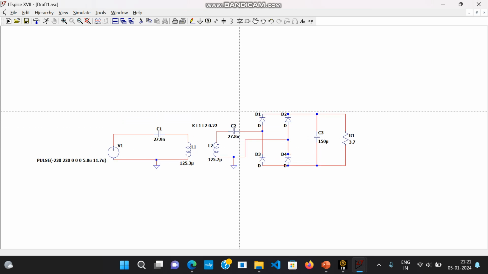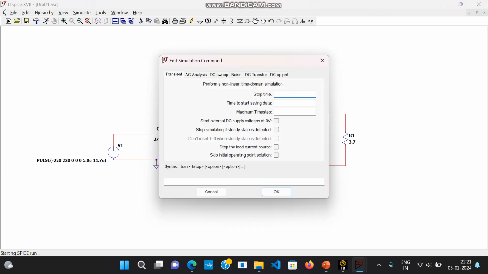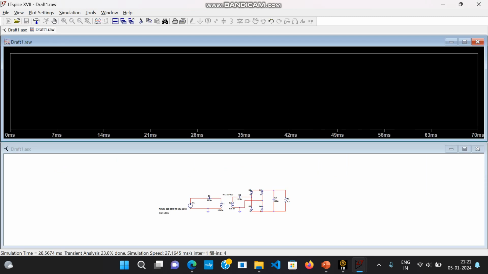Okay, this is how it is done. Now click on run. For what time you want to run your simulation, you have to specify here. So I am specifying to run for 120 milliseconds. There you go, your simulation is running.